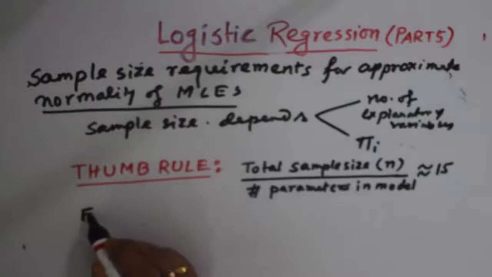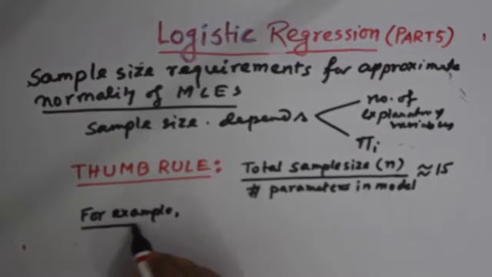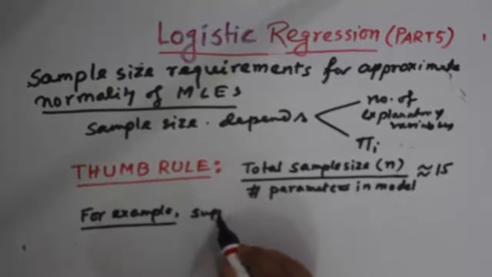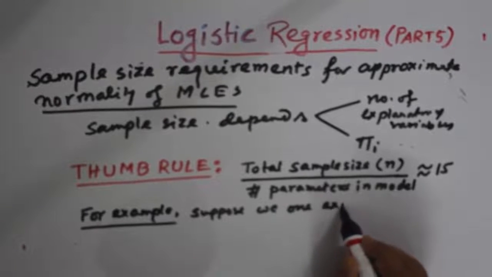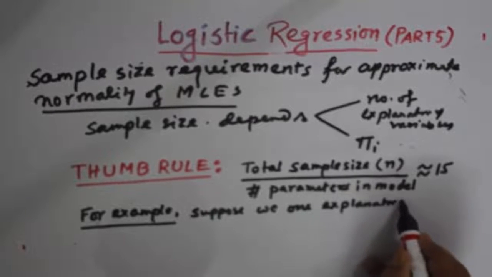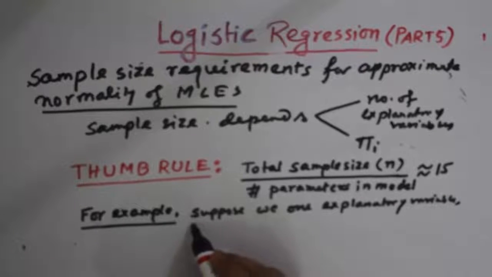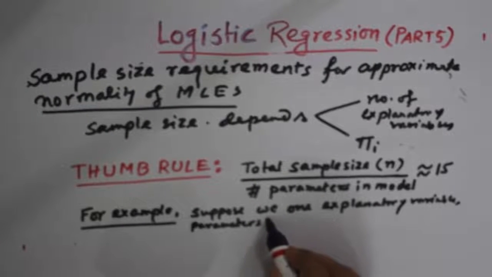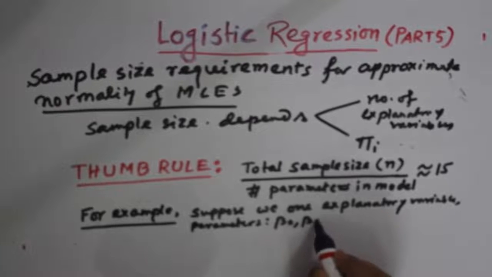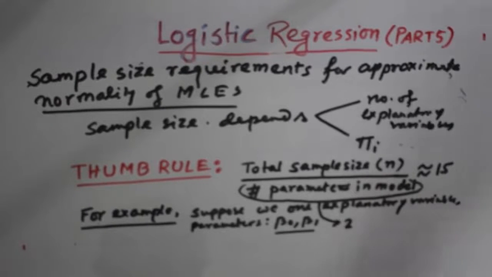For example, suppose we have one explanatory variable, then parameters are beta naught, beta 1, so the number of parameters is 2.